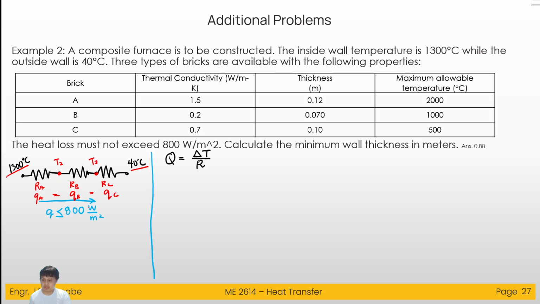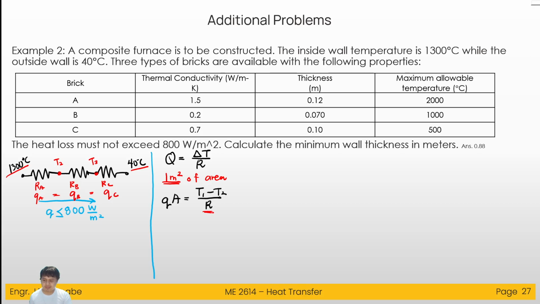Because it passes through a single linear node. So we're assuming that the Q will be equal all throughout. So it should be 800, no? And we can find first T2. We can just imagine 1 square meter of area, so per square meter of area, you have Q equal to delta T over R, no? And the delta T here is T1 minus T2.